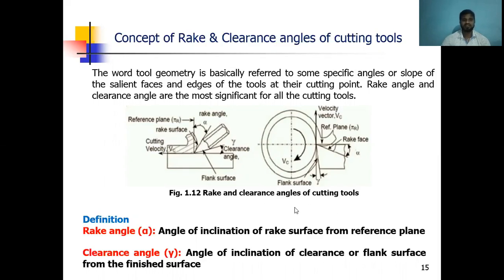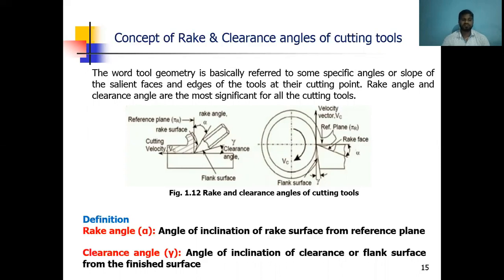So this is the nomenclature regarding machine tools and cutting angles. Definition of a rake angle: the angle of inclination of the rake surface from the reference plane.